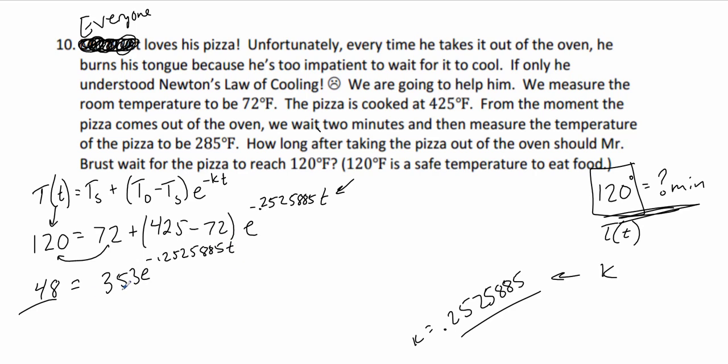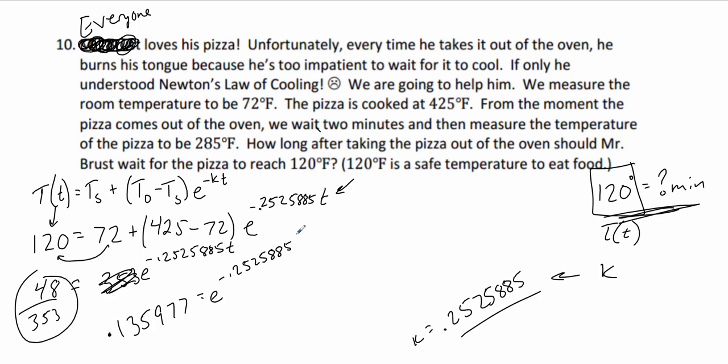I'm going to divide both sides by that 353, just like I did before. I'm going to plug this in my calculator and get 0.135977. Again, 6 spots, makes it a little easier. That equals e to the negative 0.2525885 times t.